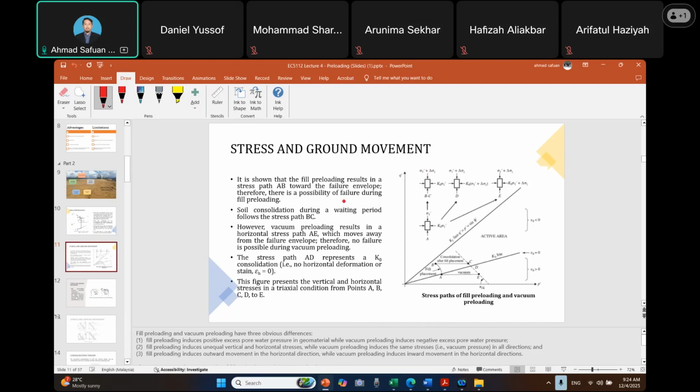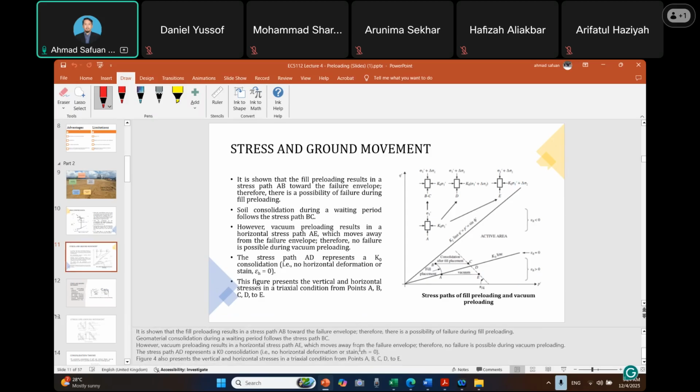This is shown in this diagram for D and C, while this is for E. Field preloading induces outward movements in the horizontal direction, while vacuum preloading induces inward movements, as shown here.